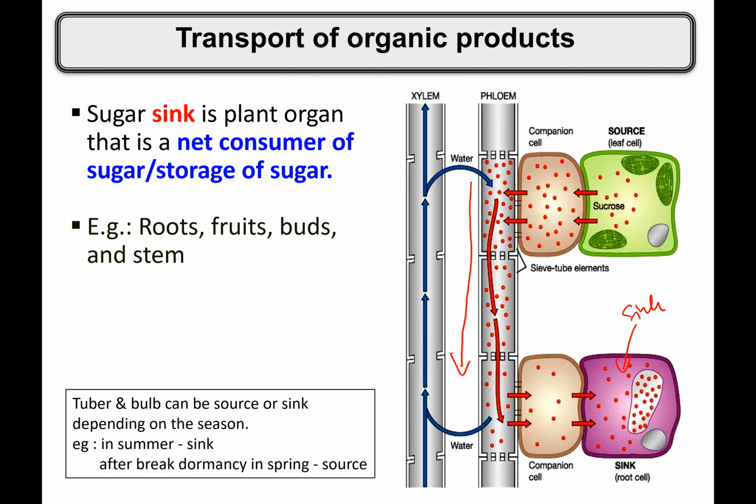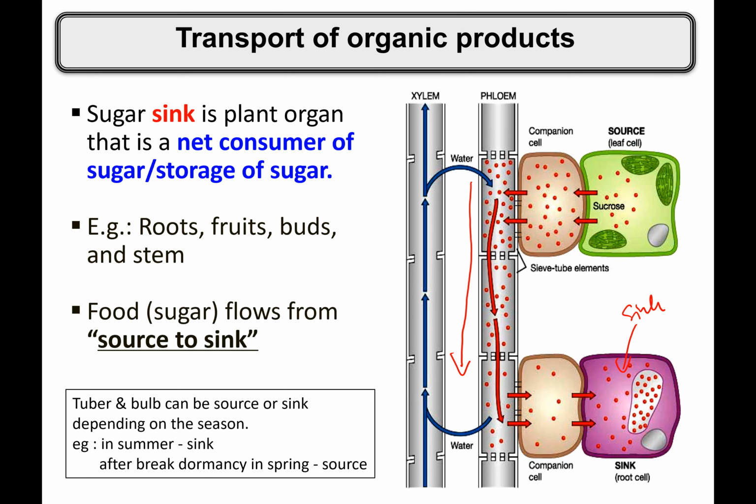And then, a sugar sink is a plant organ that is a net consumer or storage of sugar. For example, the sink is root, fruit, buds, and also stem. Food or sugar flows down from source to sink.